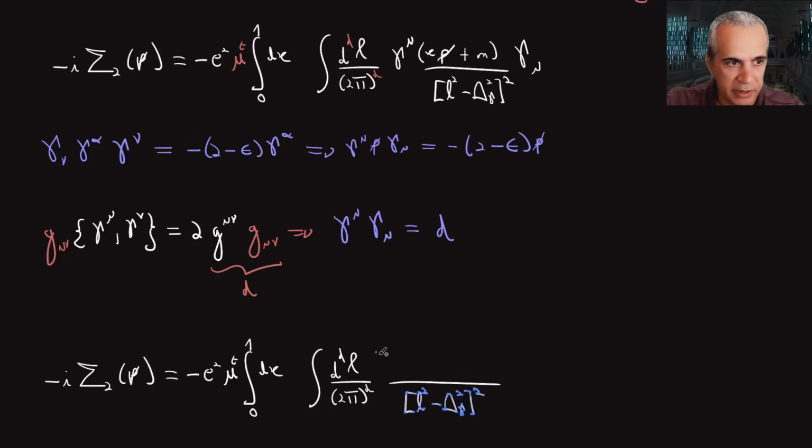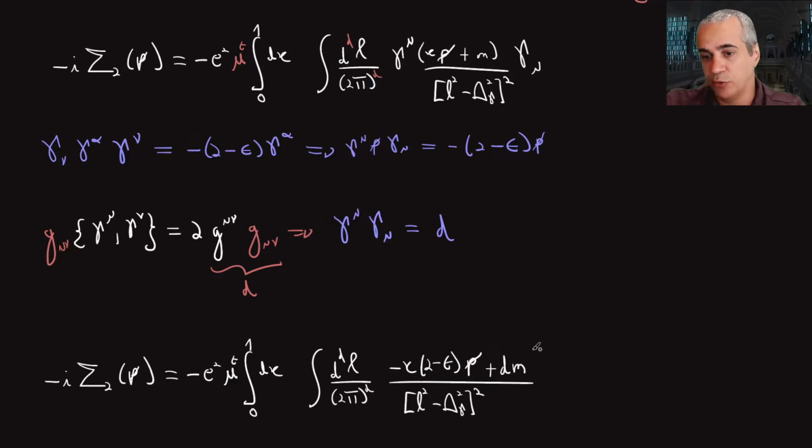And now this becomes just minus x for this part, right? This is the minus 2 minus epsilon p slash using this relation. And this one, I just get d times m, right? Using this one. Now, this is what I get from dimensional regularization. There's not much else to it.